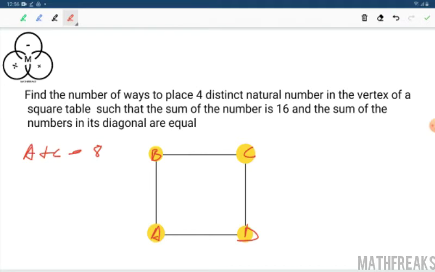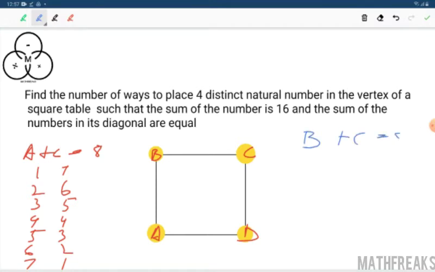So what are the different pairs we are having? We are having 1, 7; 2, 6; 3, 5; 4, 4; and also 5, 3; 6, 2; 7, 1. For b and c also we are having the same result, so we can just ignore that case.